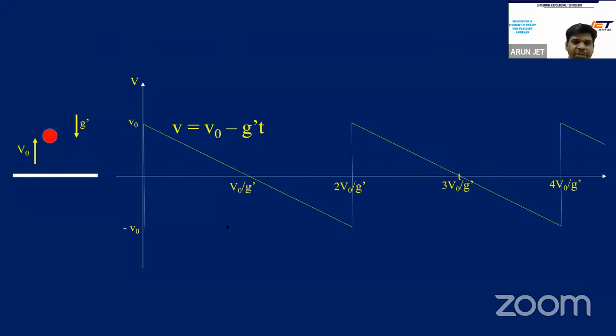Why is it less steeper? Because y is equal to mx plus c చూస్తే, slope is now decreased from g to g by 6. So line which was steeper before is now less steeper. All right.